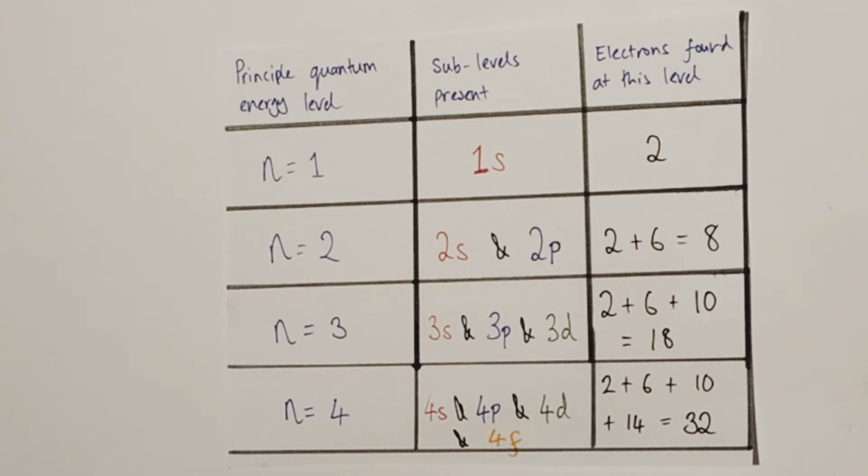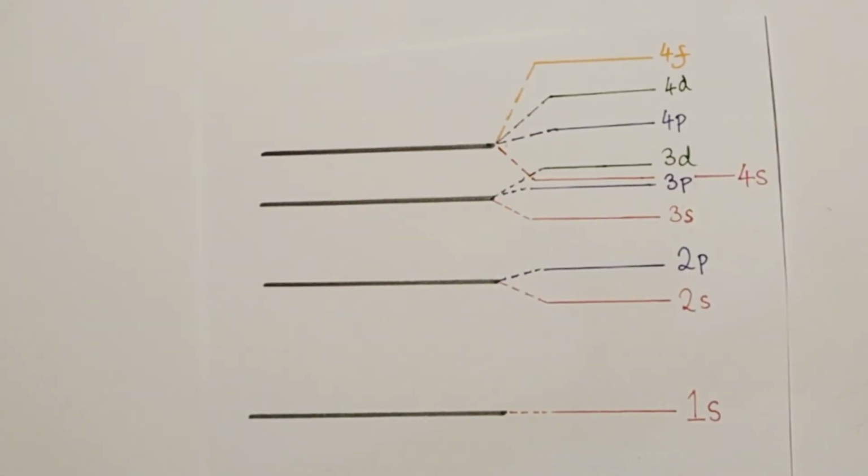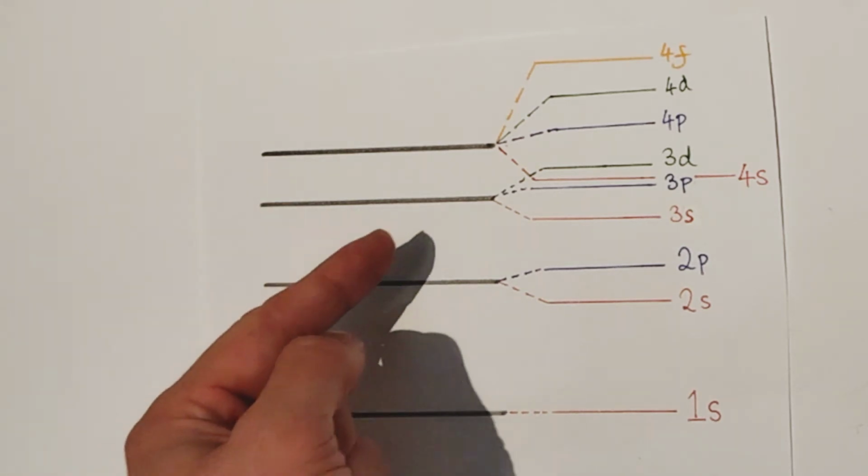Something else is going on, and I'm going to show you a diagram which hopefully should explain exactly what's happening here. Hopefully you remember that I said that as we go up through the principal quantum energy levels, they begin to get closer together. That becomes important as we rise up through those levels. So when we go from principal quantum energy level 1 to 2 to 3, the key point I want to focus on is principal quantum energy level 3.